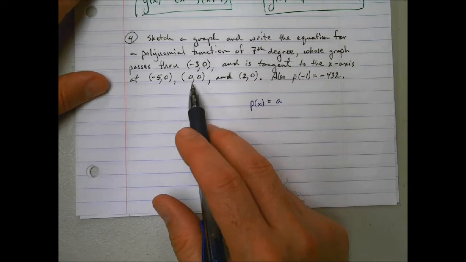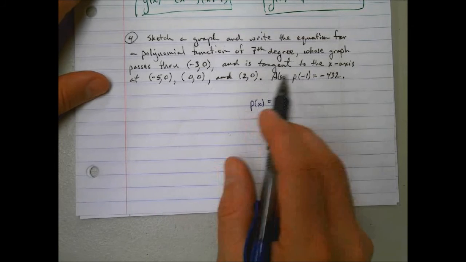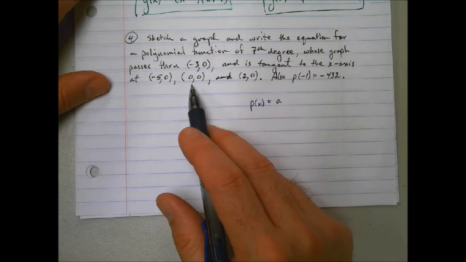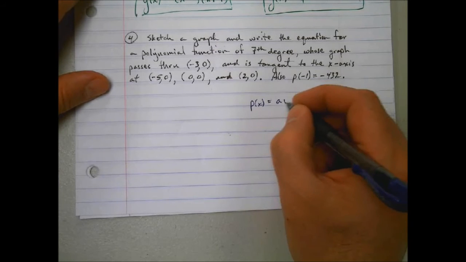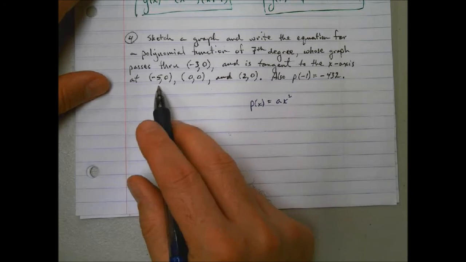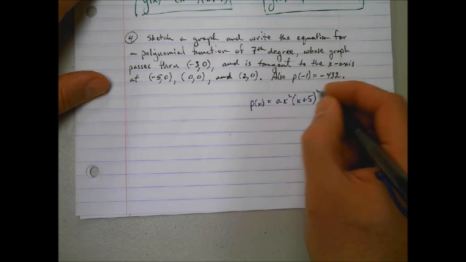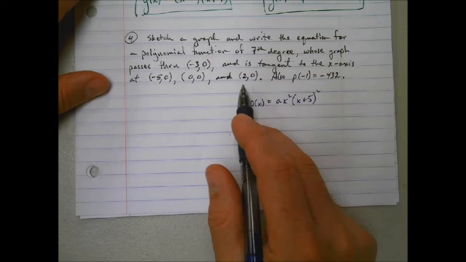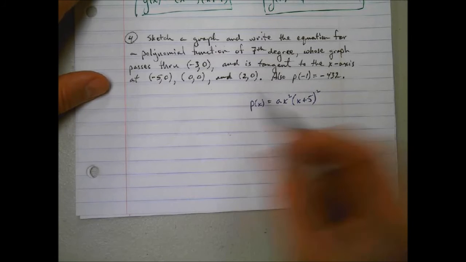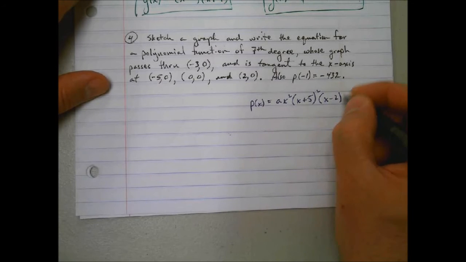We got the origin with even multiplicity. Remember, it's tangent to the x-axis, so that would be x squared, and negative 5, so (x plus 5) quantity squared. And the 2, 0 is also even multiplicity, (x minus 2) squared.